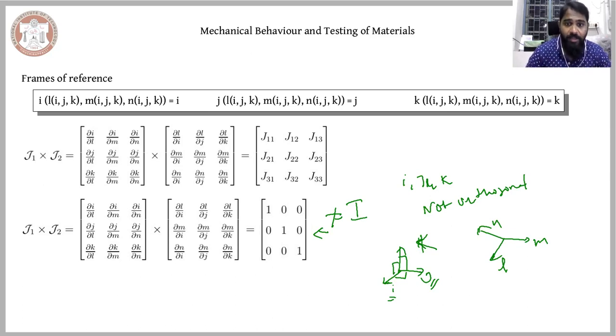You will have a non-diagonal matrix, and that means the coordinate systems are not inverse of one another. So not all pairs of coordinate systems are inverse of one another. Only those pairs with coordinates perpendicular to one another are inverse of one another.